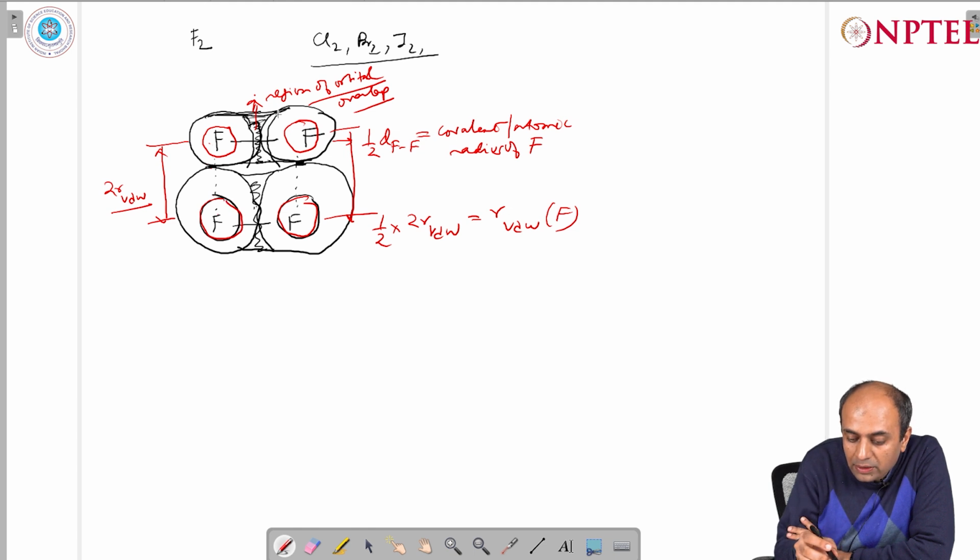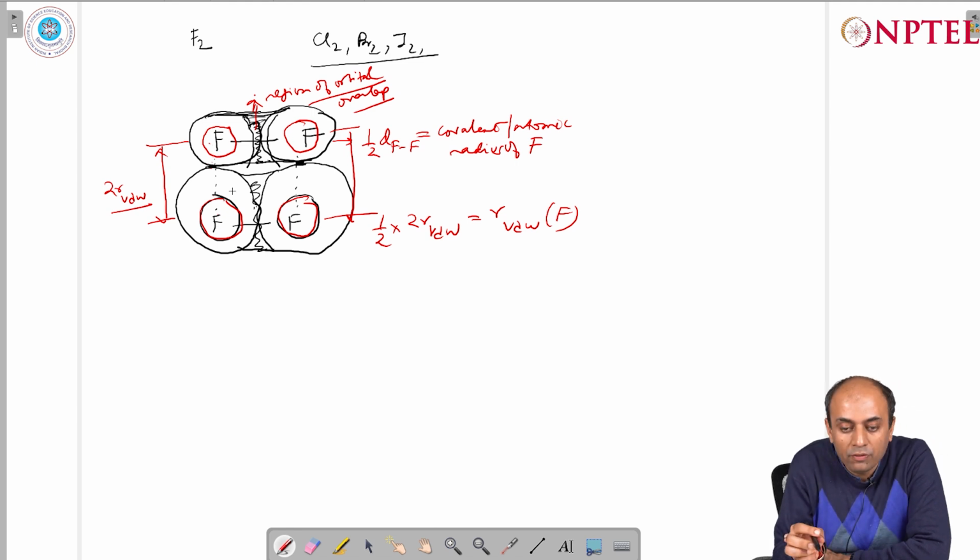When you have this extensive overlap, you also need to keep in mind that during the process of bond formation, you are also going to have nucleus-electron attractions and electron-electron repulsions, and the repulsion will exist between the inner core of electrons and the outer or valence electrons of the fluorine atom, and overall this situation gives rise to the fluorine molecule. Whereas when you have the non-covalent interaction, there exists attraction between the nucleus of the fluorine and the electrons of fluorine, but also repulsion between the inner electrons as well as nucleus-nucleus repulsion.